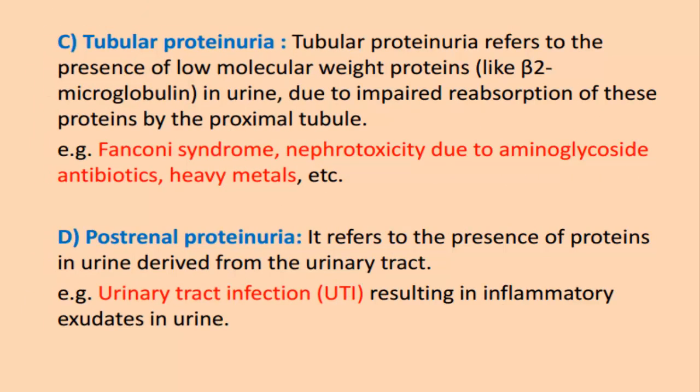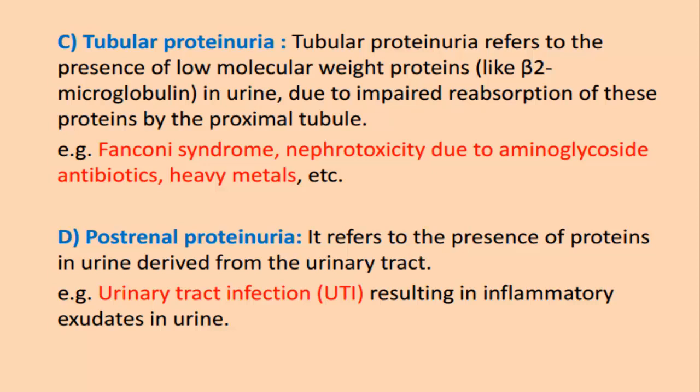Third one is tubular proteinuria. Tubular proteinuria refers to the presence of low molecular weight proteins like beta-2 microglobulin in urine due to impaired reabsorption of these proteins by the proximal tubule.